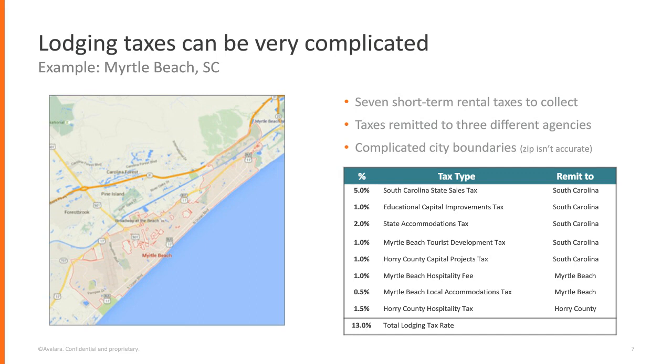In this particular example, we have 8 different sub-tax rates that should be all charged to your guests that make up a total lodging tax rate of 13%. These taxes are remitted to the state, the county, and the city of Myrtle Beach. So all 3 levels of jurisdiction are included in this example.